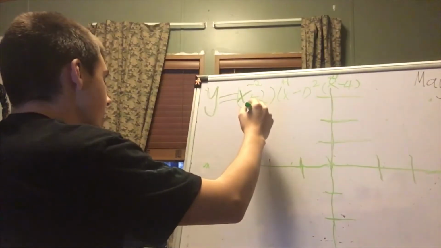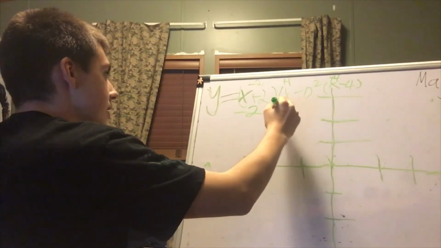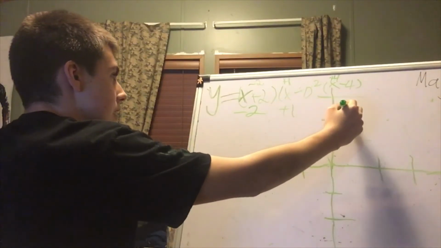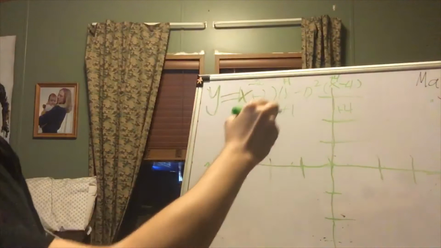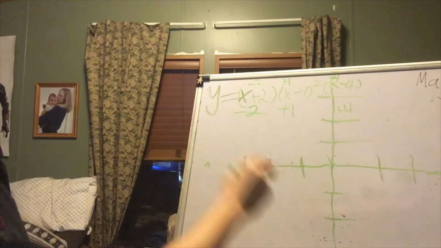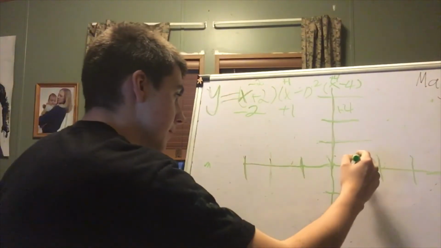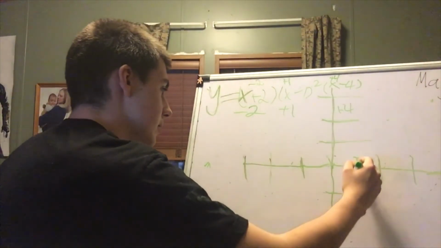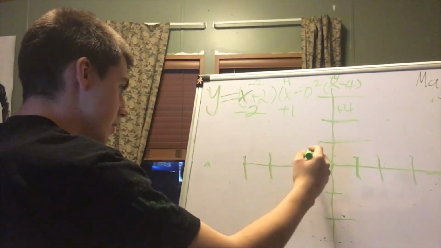It'll actually be easier to read if I write it down here. So these are going to be our key points in our graph that I will show you later. Right now, let me just add little tallies over here so it's a lot easier to read.